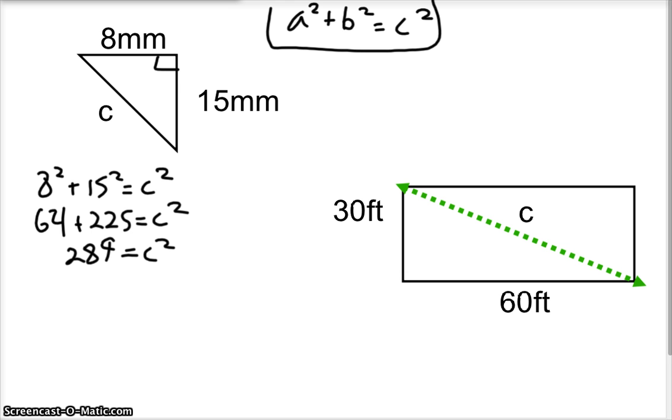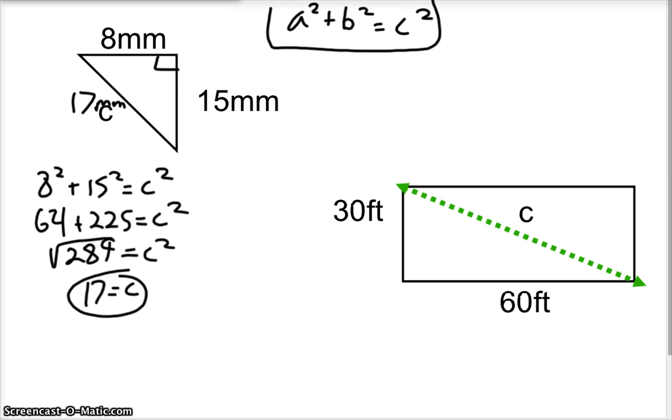And the opposite of squaring would be the square root. So I'm going to do the square root of 289. It is an even 17, equals C. And that would be our answer. C would equal 17, what? Yes, make sure we have our units, millimeters. 17 millimeters. So that is our proof, our check, using this formula.